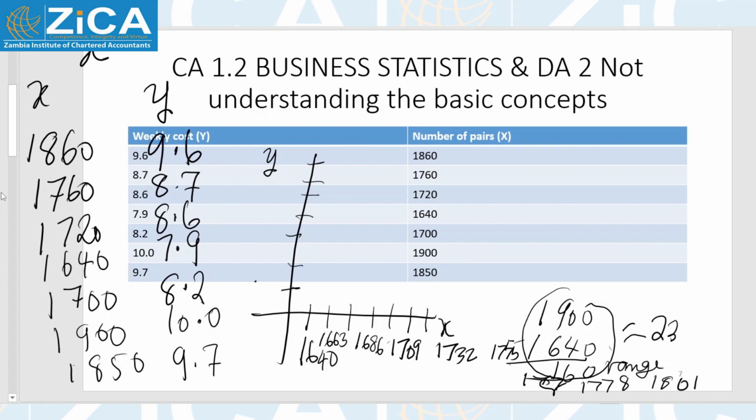So again there, if you divide 10 minus 8.2, which will give us 1.8, you divide that by, let us say, 7, it will give you 0.257. The nearest number you get is 0.3. Okay, you get 0.3.